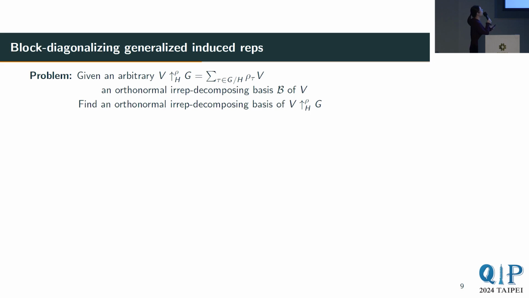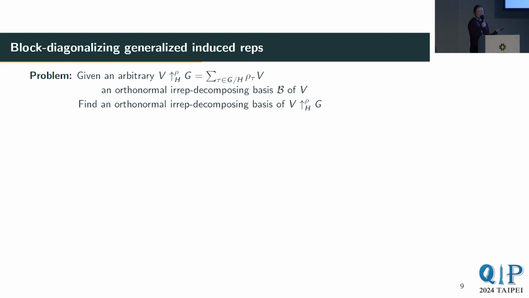Suppose that we have an arbitrary subspace V of the rep space of an arbitrary linear representation rho of G, and which is simultaneously a representation of the subgroup H of G. Then we can generate by it a generalized induced representation. And suppose that we already know an orthonormal basis that decomposes the base rep V into irreps of H, then we want to find an orthonormal basis that decomposes the generalized induced rep into irreps of G.